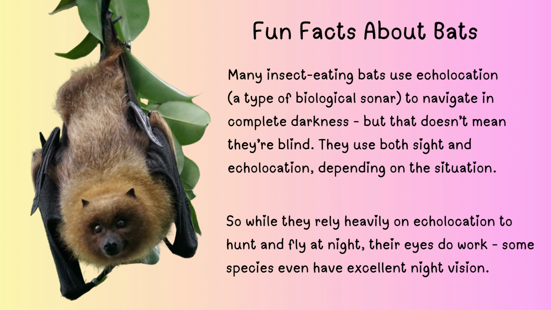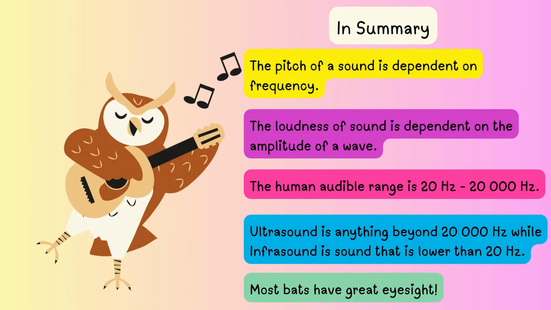But that doesn't mean they're blind. They use both sight and echolocation depending on the situation. So while they rely heavily on echolocation to hunt and fly at night, their eyes do work. Some species even have excellent night vision.